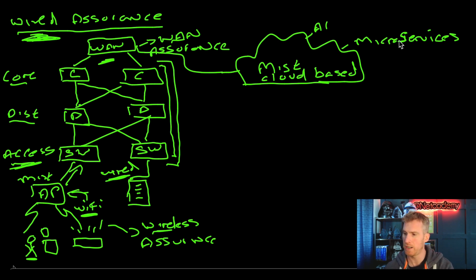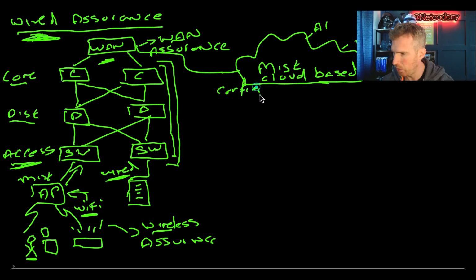Everything's hosted in the cloud. And when you want to do configuration of your switching network, or of the WAN network, or of the Wi-Fi network, the access points, doesn't matter, the configuration is actually made as such. You define it on the Mist org in the cloud, and that is then pushed down into the network, and then they install the configuration.